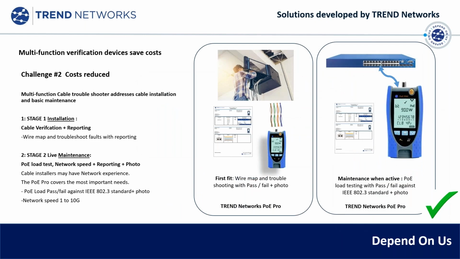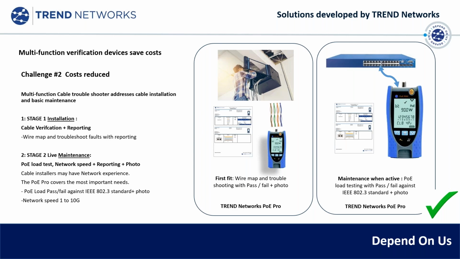Challenge 2 is about costs. The challenge we have is, remember, installation teams are different. We have a cabling guy, or we have a network guy. The cabling team is really focused on the infrastructure. But what we could do, and this is what Trend Networks did, is focus on a multifunction verification device.